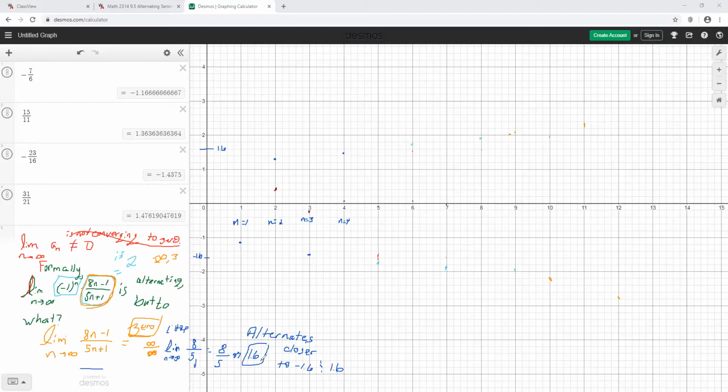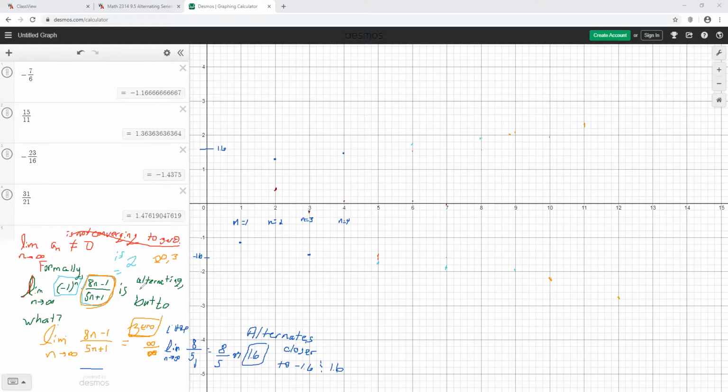You can't say 1.6 because it's actually negative 1.6 and positive 1.6. So the limit of the individual terms is not converging to 0, and it's not even converging to a single finite number; it's converging towards 2 of them. Well, that means it's not converging.